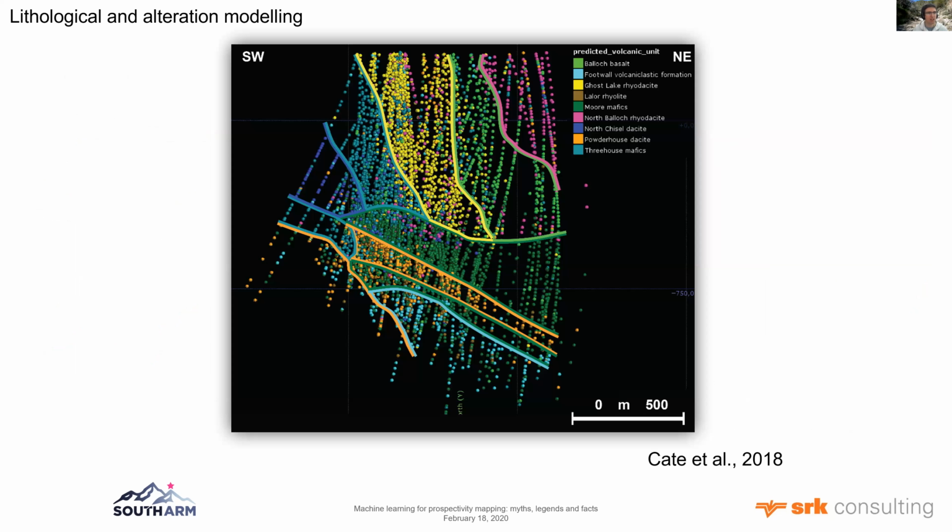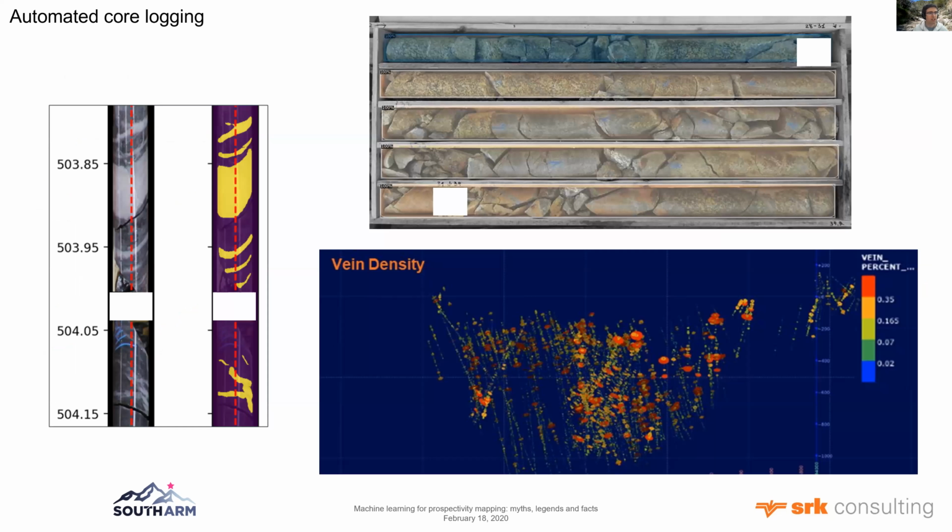You can use machine learning in the mining environment to use your geological logging or your geochemistry to generate alteration and geology, and to support your 3D modeling work. And finally, another really cool application is automatic core logging. Machine learning can also take images, and from your core images you can generate things such as mapping of veins. Here on the left you have the core image, and on the right the machine learning interpretation.